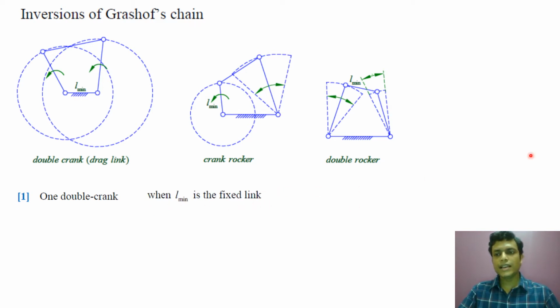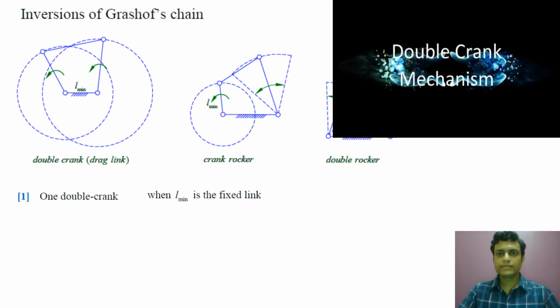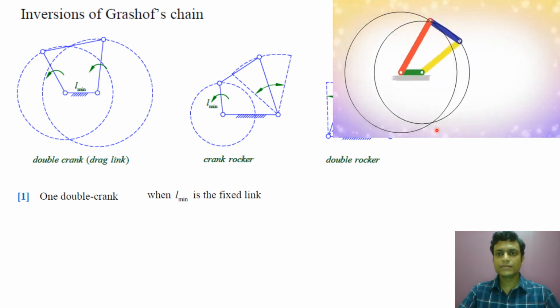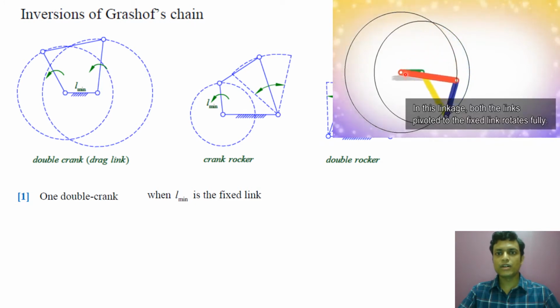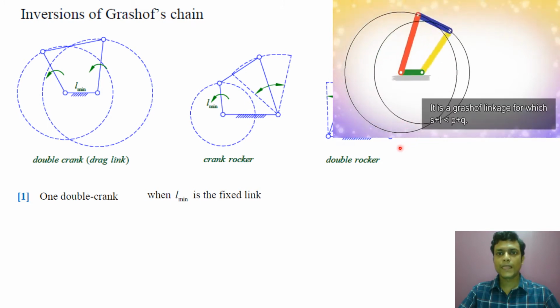Let us see an animation. This is an animation of a double crank mechanism. The green link is the fixed link, that is the shortest link, L min. The red link is the crank and the yellow link is the follower, and both of them can rotate 360 degrees.